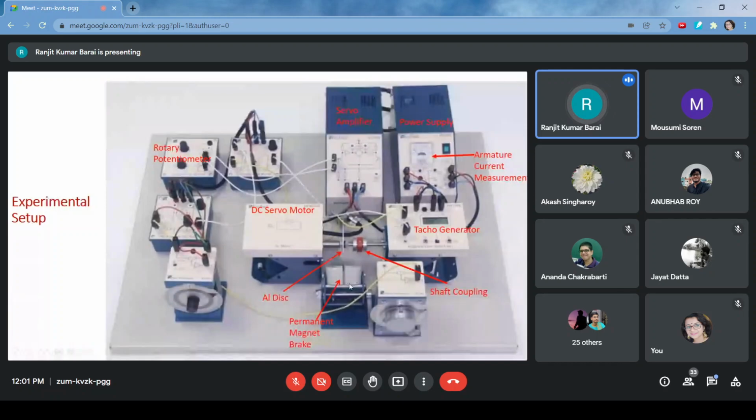So we have taken a very simple arrangement. A very powerful permanent magnet brake is there. So there are two U-shaped magnets, side by side, maintaining opposite polarity. So here if it is N, here it will be S, and the other side also like that.